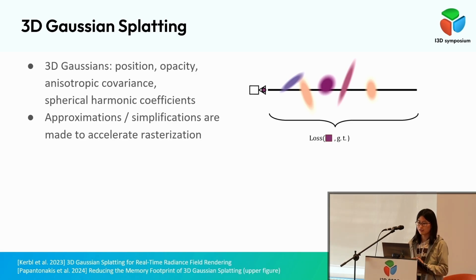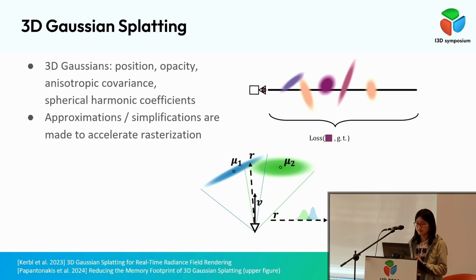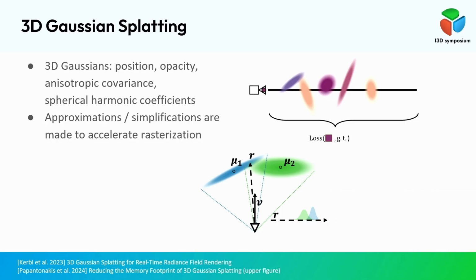Several approximations are made in 3D Gaussian splatting rendering to accelerate the rasterization. The first one is that, for example, here are two Gaussians. 3D Gaussian splatting blends the Gaussians according to their view space depth from near to far. So in this case, the blue Gaussian will be rendered in front of the green Gaussian.